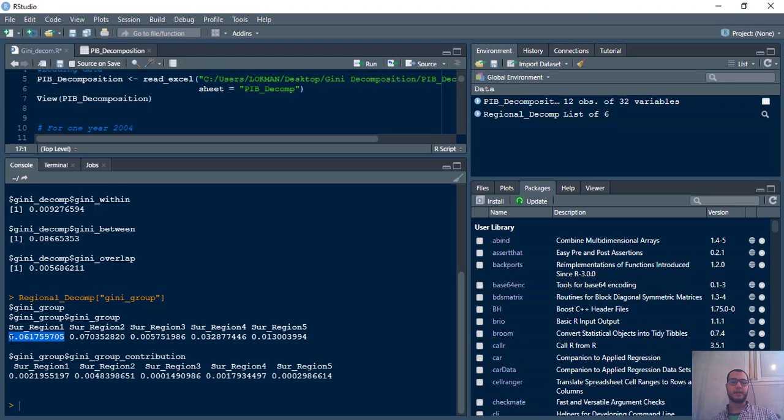So we have the Gini coefficient for region 1, the Gini coefficient for region 2, and for region 3, region 4, and 5.